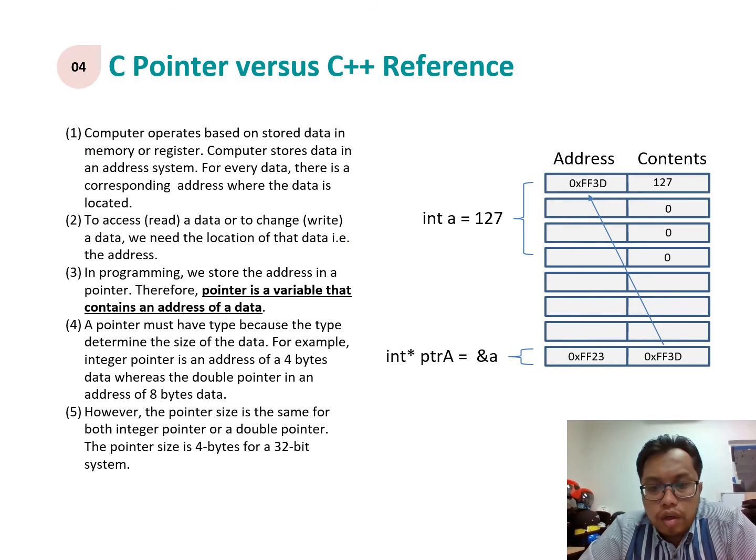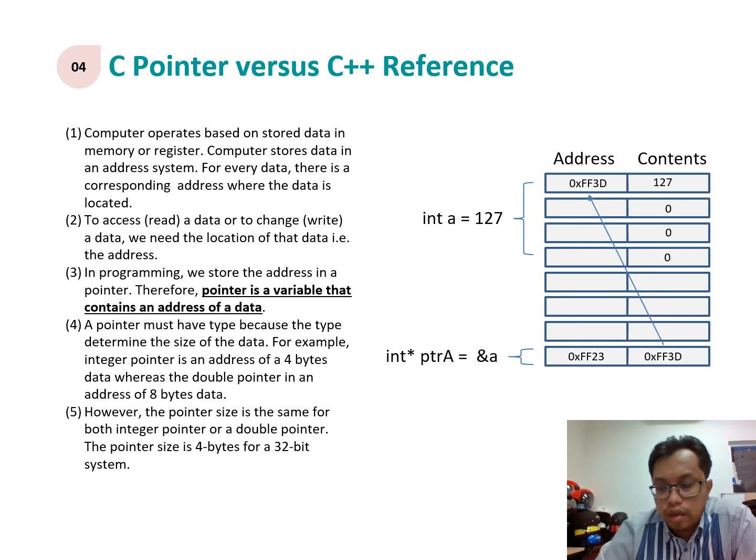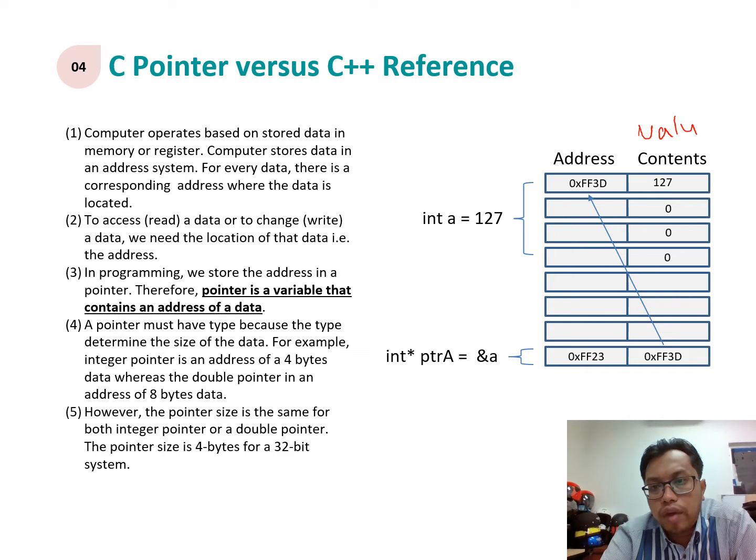Okay, now we will talk about pointers. To start, every variable that you use in your program contains two pieces of information. One is what we call the value. Some people call it content, but I prefer to call it value.